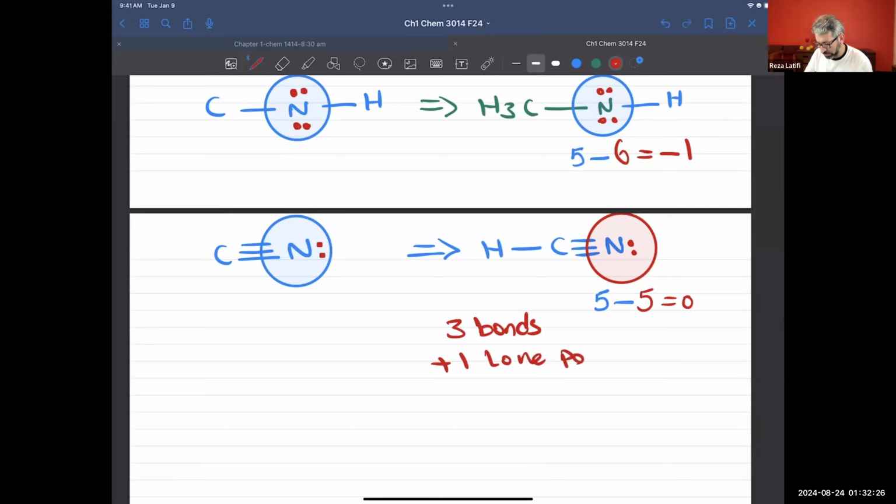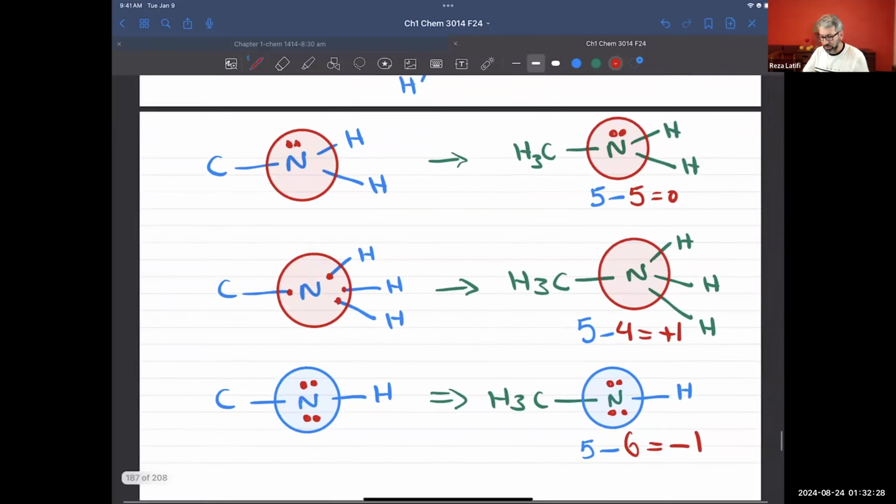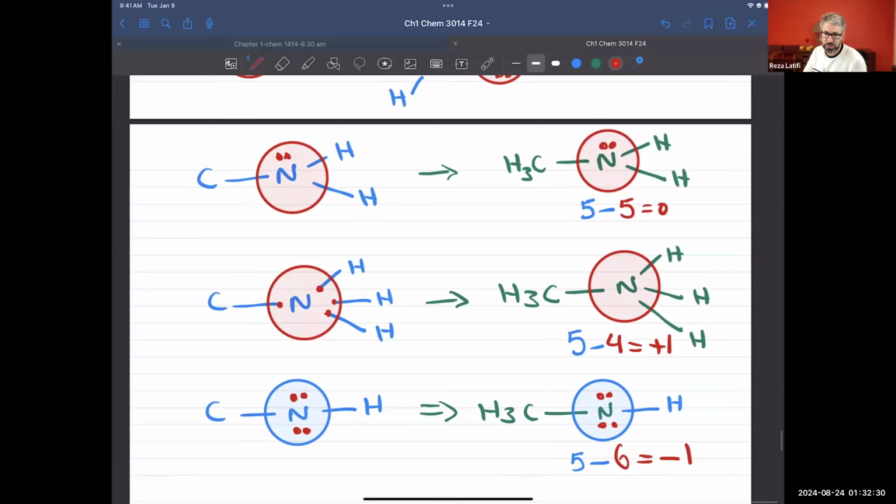Let's go back. We had one structure that also had the formal charge equal to 0, and here we have 3 bonds and 1 lone pair. So if nitrogen manages to make 3 bonds and 1 lone pair, the formal charge is going to be equal to 0 for it.